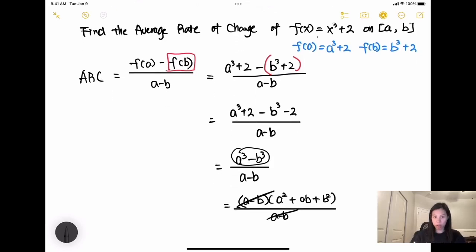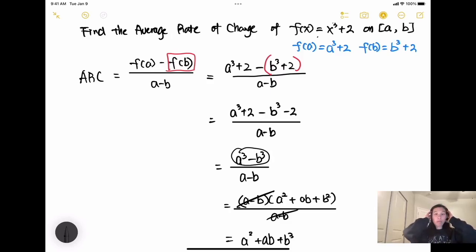When you simplify, you should get the final answer, a squared plus ab plus b squared. So this is a little bit tricky. If you don't remember the difference of cubes, please review it whenever you can.